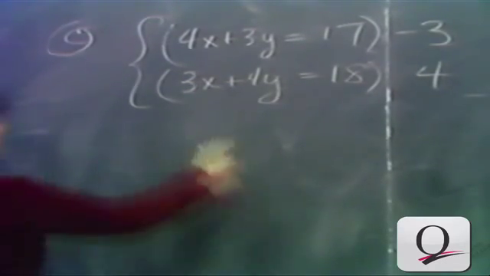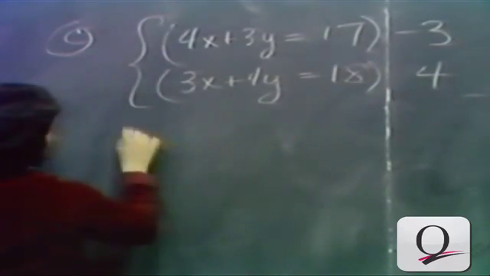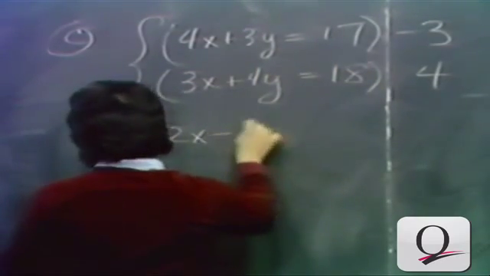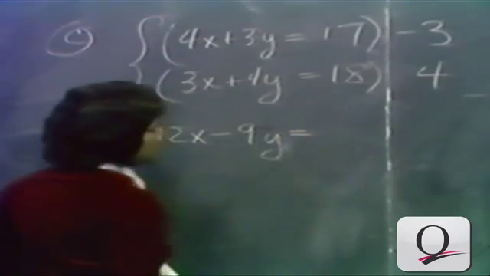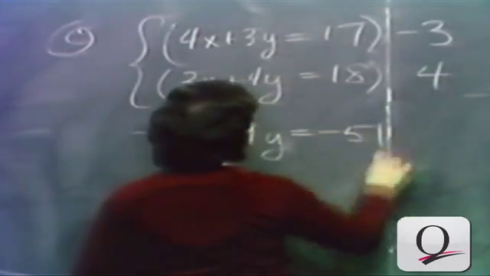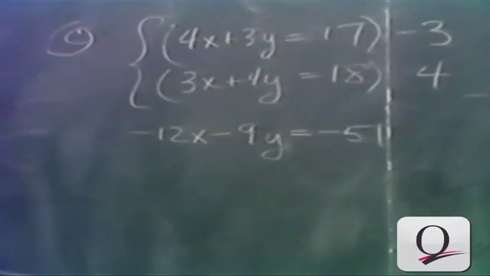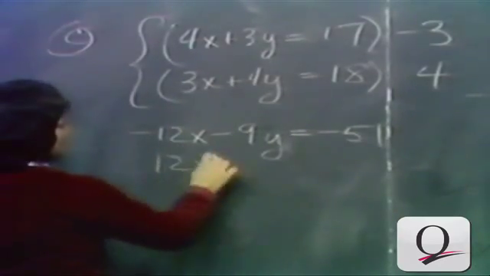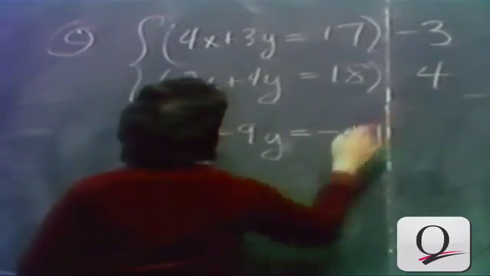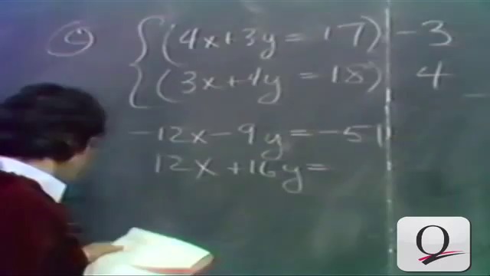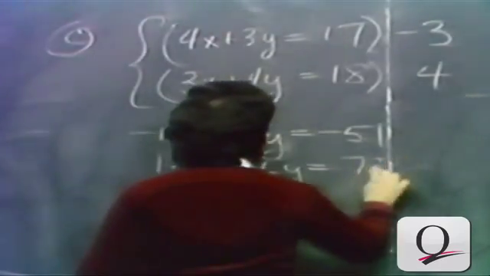Okay, let's do that. 4x times the minus 3, that's minus 12x. 3y times the minus 3, that's minus 9y, equals 17 times the minus 3, minus 51. Second equation, multiplying each term by 4. 3x times 4, that's plus 12x. 4y times 4, that's plus 16y. 18 times 4, that's 72.